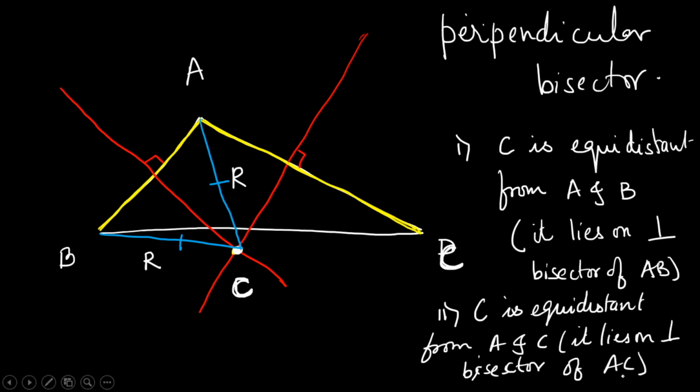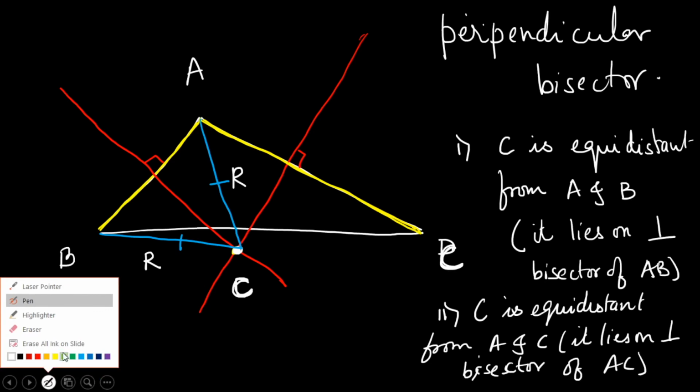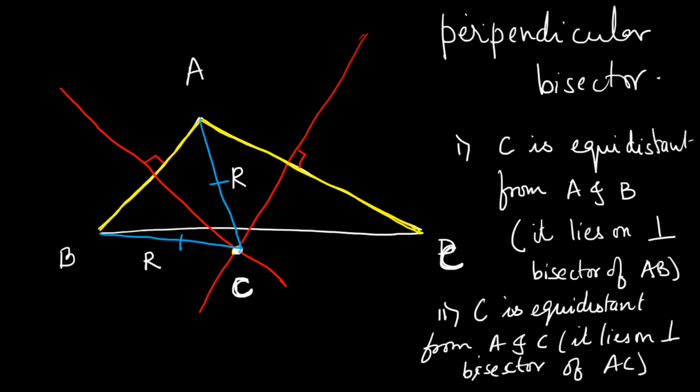So that means that I should try to put this down. The distance of C from, okay, so there is some problem here. This is also C, so let's just call it C dash. Okay, C dash is equidistant from C and A. And how do I mark this? I can say that this length and this length are the same, but that length we have already given the name R, so this shall also be R.